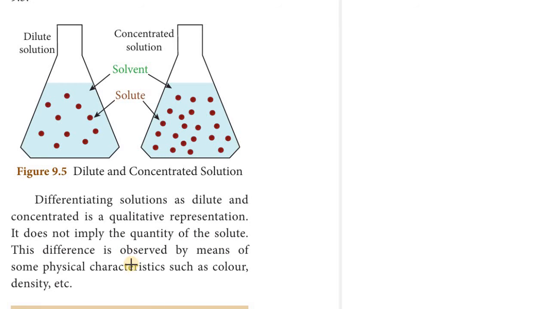This difference is observed by means of some physical characteristics such as color and density. Of course, the density is much more over here, higher density, right? Because of the greater number of solute particles, the color can change as well.